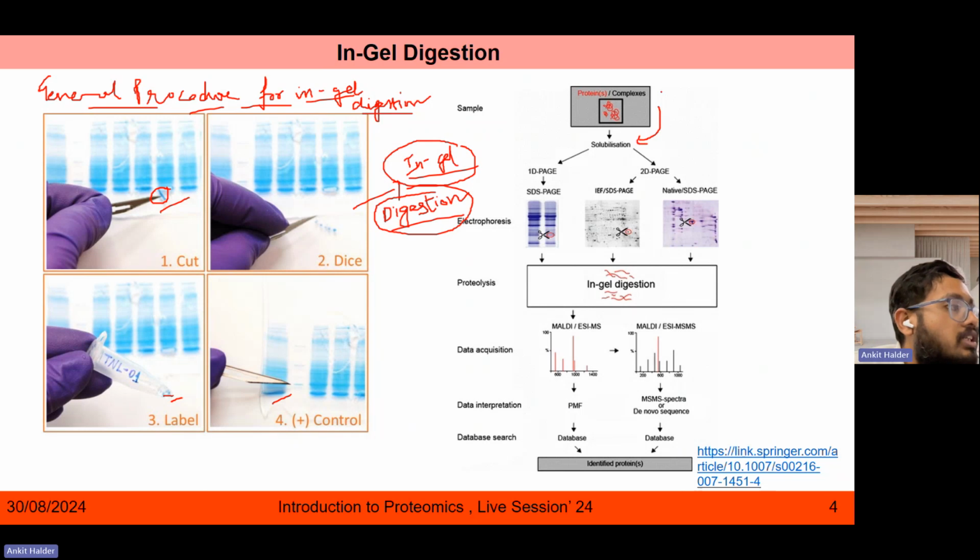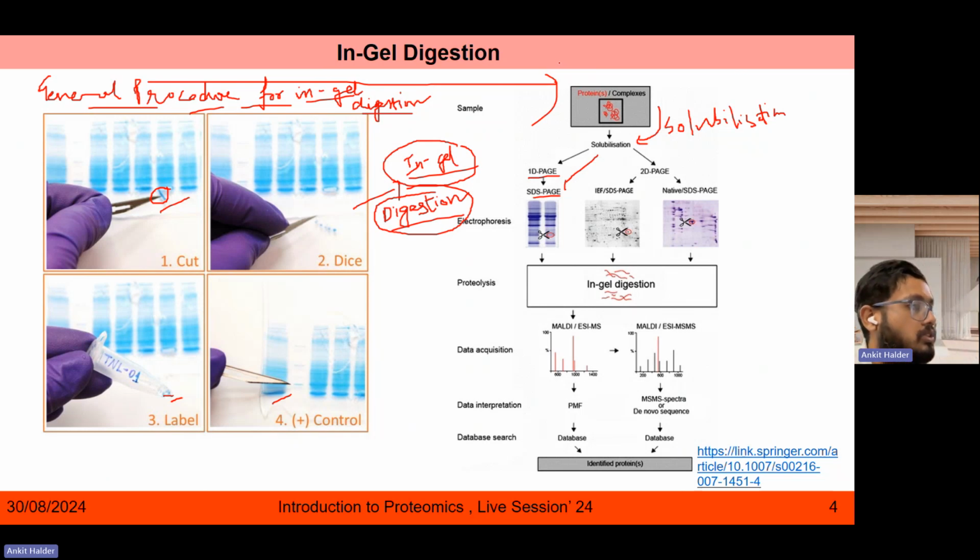So we are doing solubilization. This is a 1D page. As I mentioned, the general procedure is not restricted to 2D, but of course we can use it for any kind of gel-based procedure.